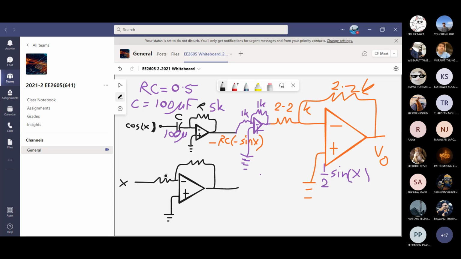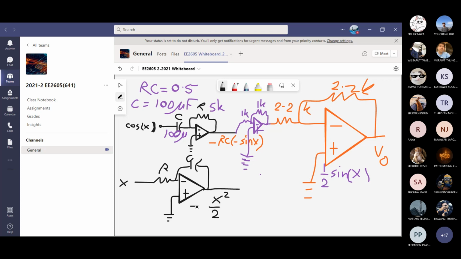Okay, let's analyze. This is capacitor. The second one should be a capacitor. I draw a resistor. What is the output equation from integrator? Minus 1 over RC times integral of x dx. If you take x dx integral, what do you get? x squared over 2, isn't it?